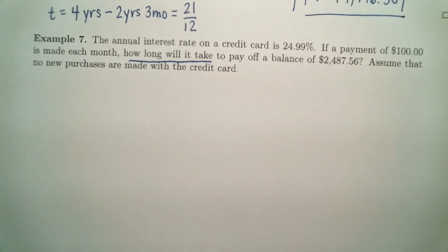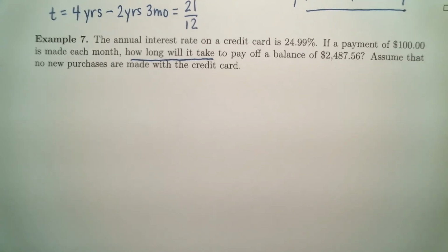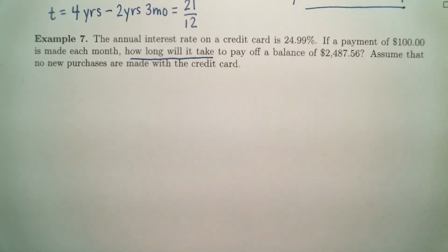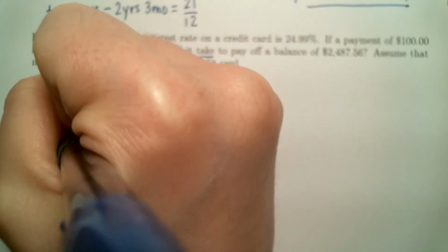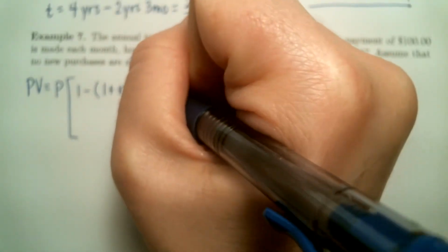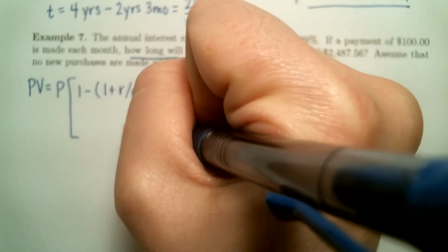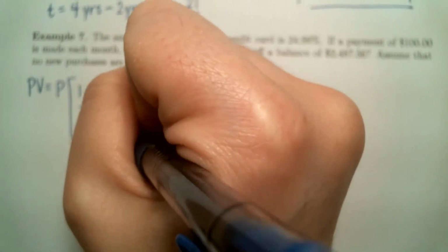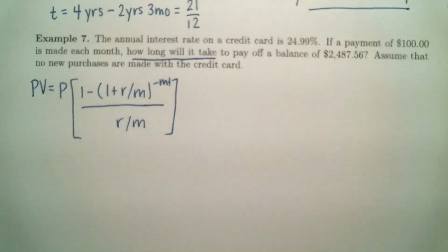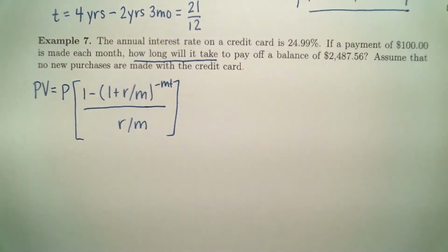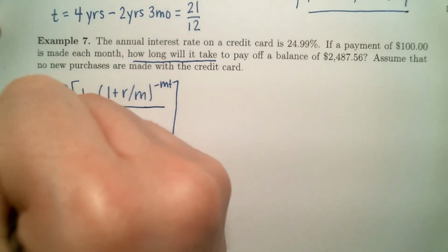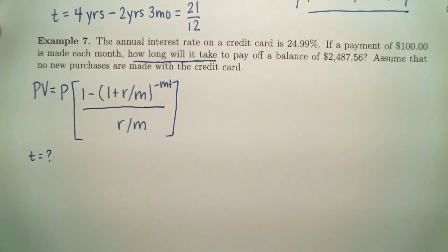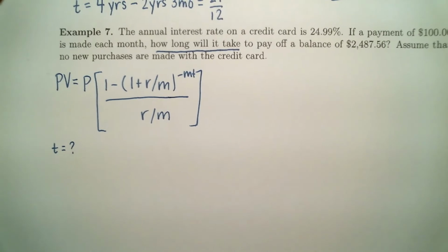So to solve this problem, I am going to write down the present value of an annuity formula. All right, so there we go. Let's figure out what we're looking for. We're looking for time, and we should know everything else.